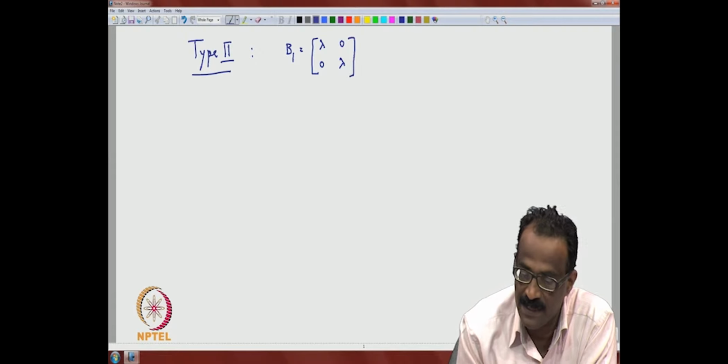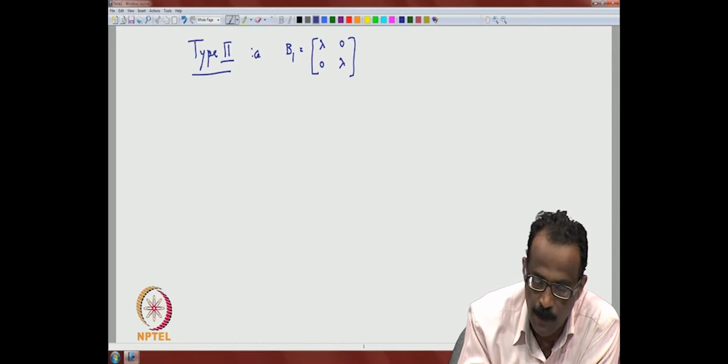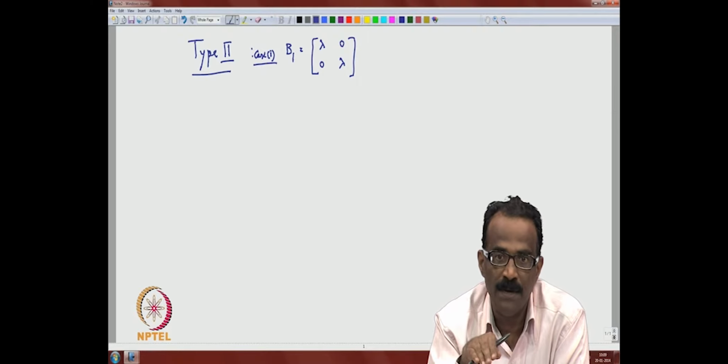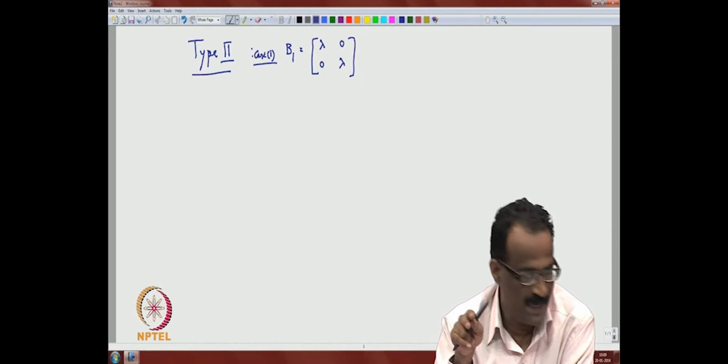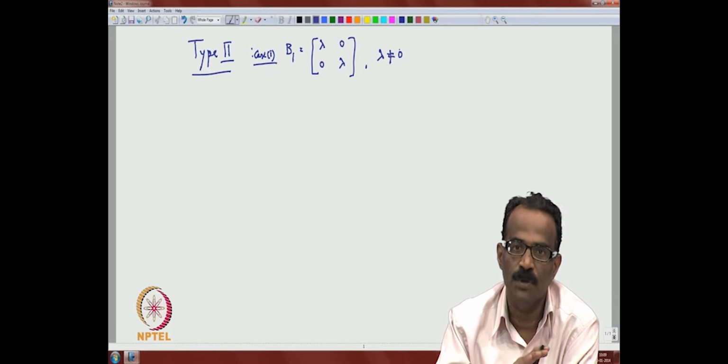There are 2 cases. Case 1, where the eigenvalue is a double eigenvalue, but it has 2 independent eigenvectors. Of course lambda is not equal to 0.